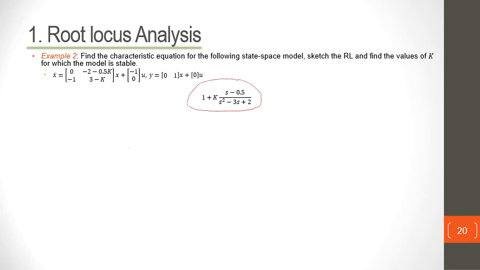So the root locus would be, based on the information that we have, we'll have the j omega imaginary and the real axis, and we see that for the zeros we have Z is equal to 0.5.